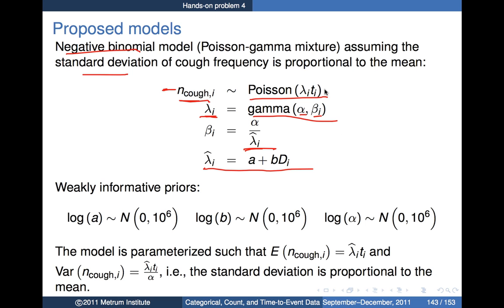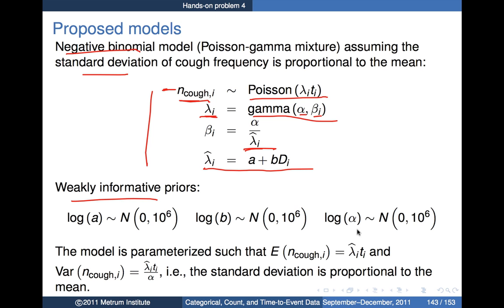There's other ways we could have parameterized this, where maybe alpha is the thing that depended on I instead of beta, that would create a different relationship with the mean. And in fact, you might even want to do a model comparison based upon some of those alternatives. But this is usually a fairly reasonable choice.